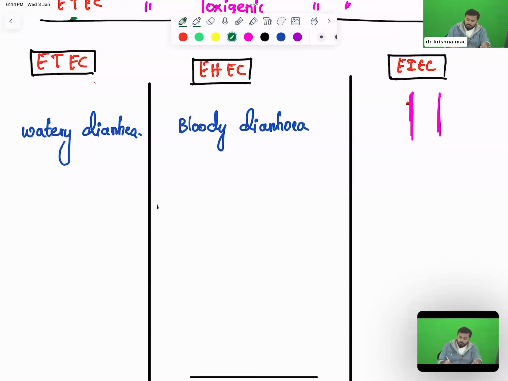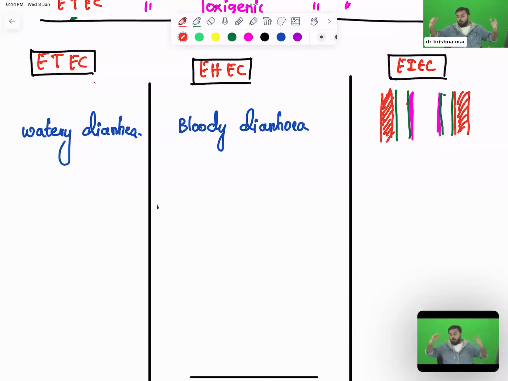After the mucosa, the next layer is the submucosa. After the submucosa, the next layer is your muscle layer. After the muscle layer, the outermost layer is called the serosa.